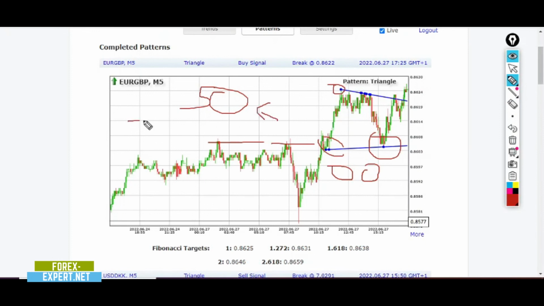Always check the 30-minute time frame to see where the bigger players are going and where the price is heading. Because the 5-minute time frame is a very small time frame, and things change so fast, and you need to stay focused.